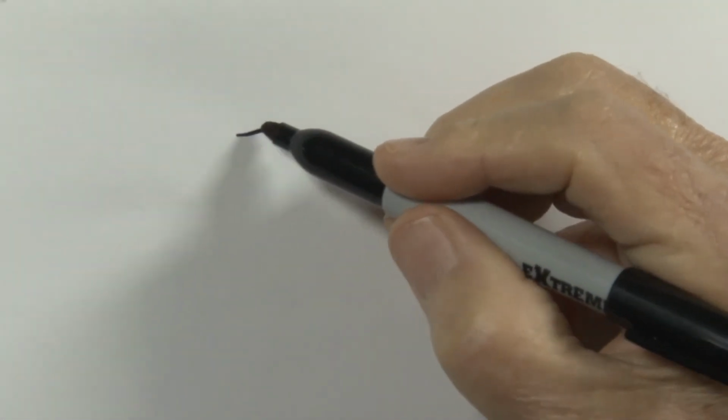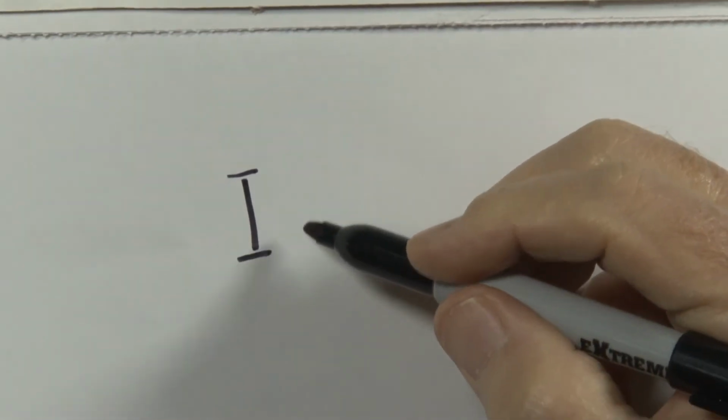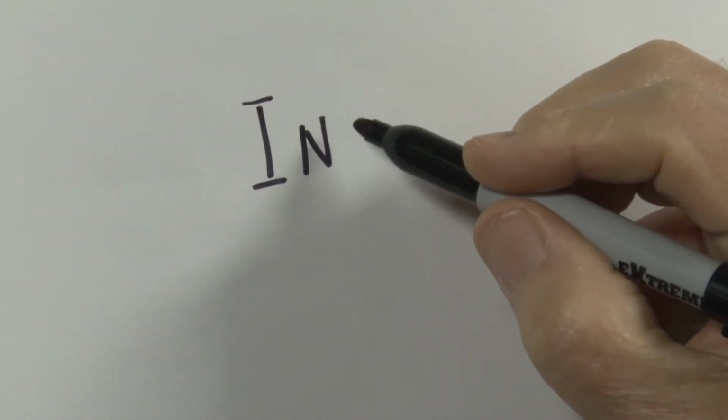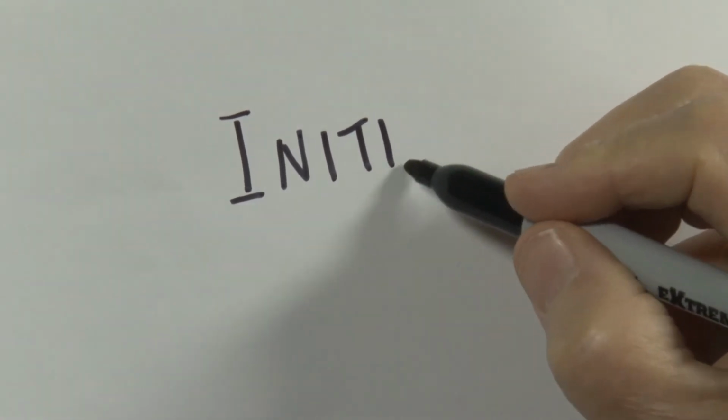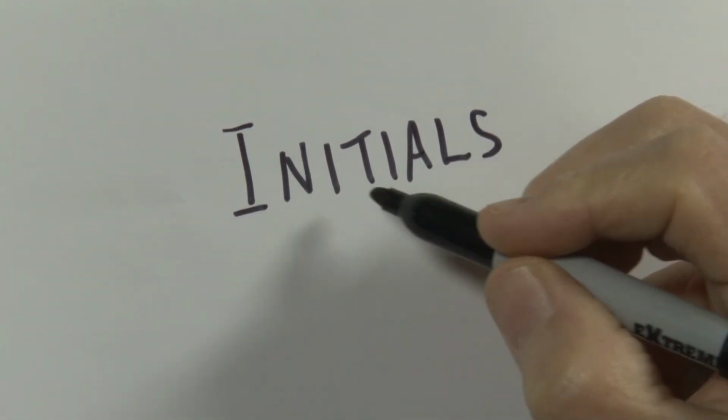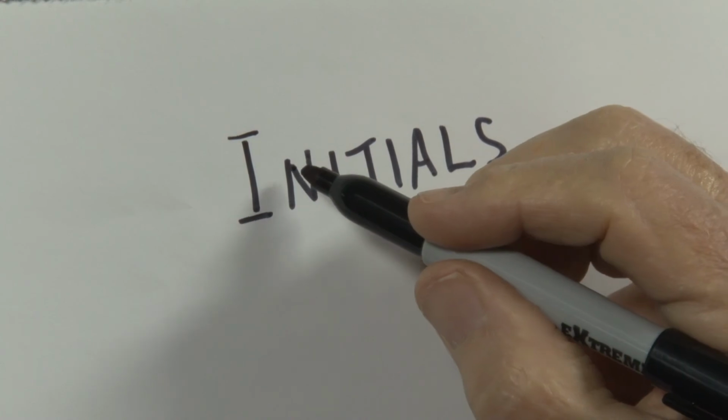In the past, I've done some cartoons on this program based on initials of people, using the 2 or 3 letters of the alphabet and then making a cartoon image from them.